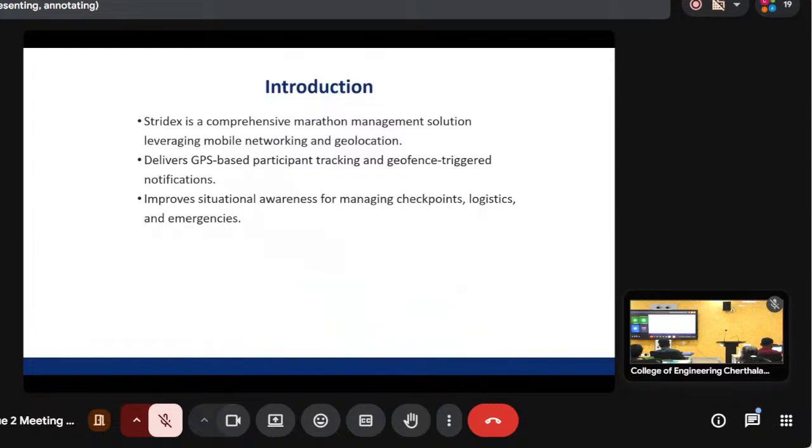We use mobile networking, GPS, and geofence to track participants in real time. This system is built to improve situational awareness, which just means giving organizers a clear live map of where everyone is, making it easier to manage checkpoints and any emergencies that pop up.